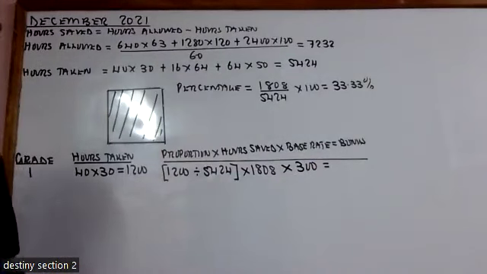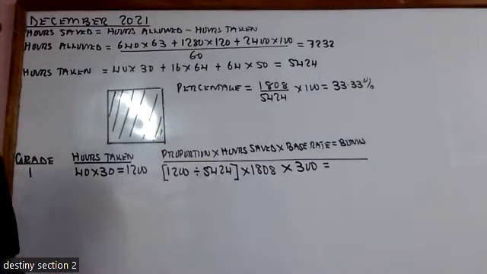So when I come to find the proportion, I will say it is 1024, you divide by the total 5424, multiplied by these hours that were saved, multiplied by the base rate, which is 270. That is 92,160.